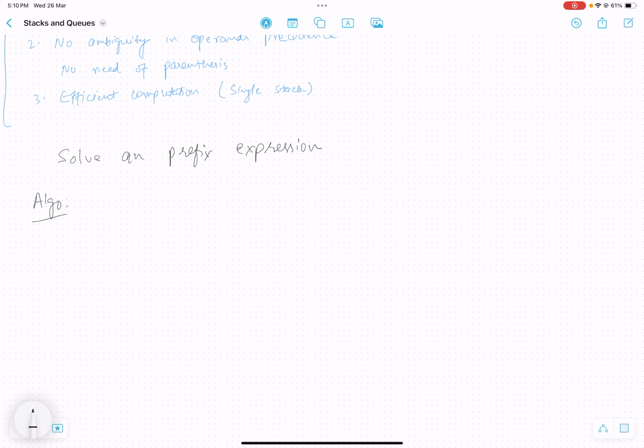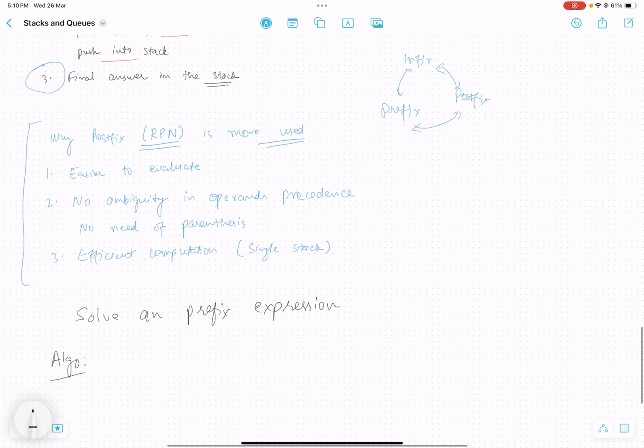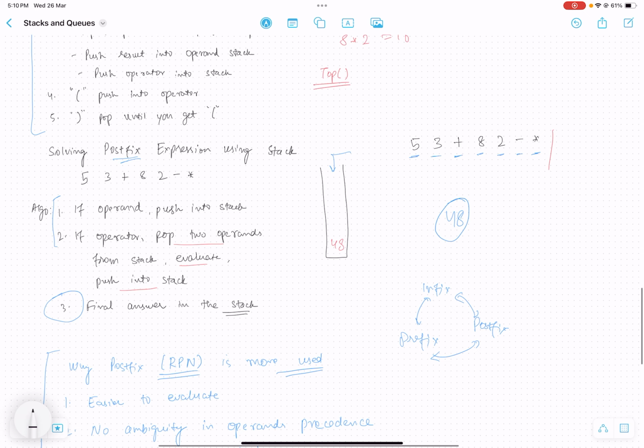You will be very happy and surprised to note that the steps are almost the same as solving the postfix expression. Steps are almost the same. There is just one difference that I'm going to tell.